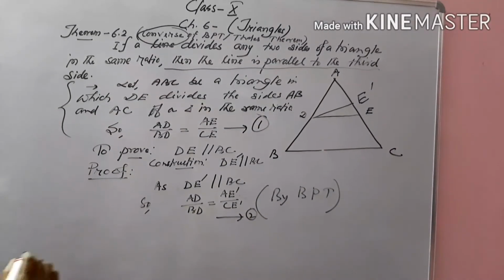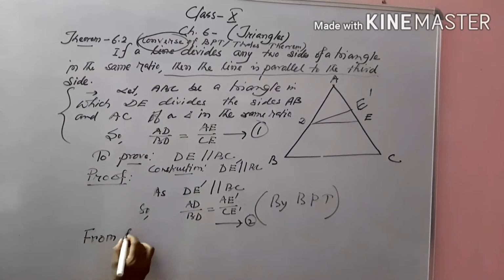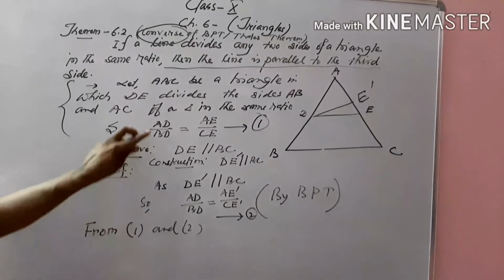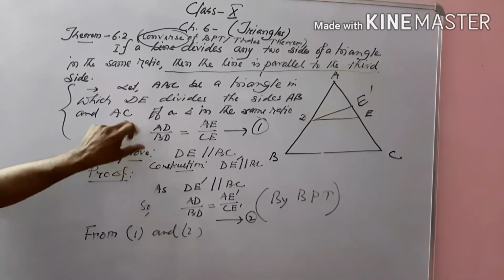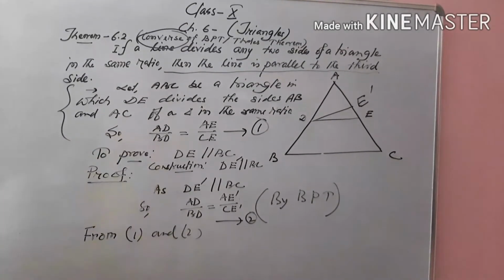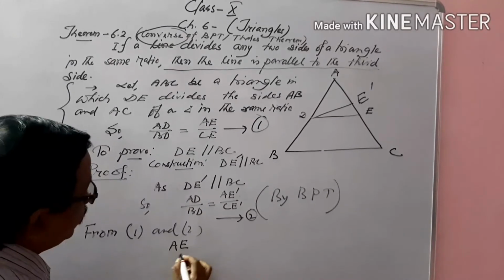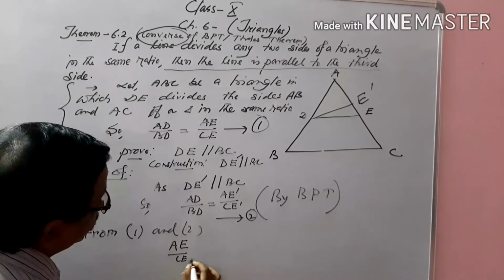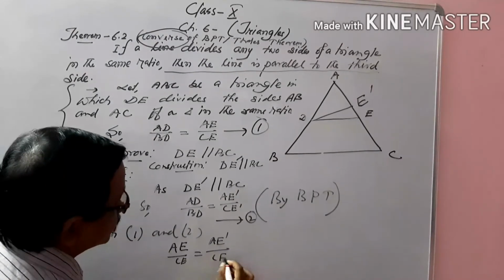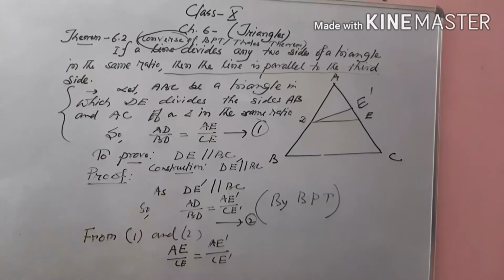Now what can you write? From 1 and 2, AD by BD and AD by BD, the left hand sides are the same, so the right hand sides must be equal: AE by EC equal to AE dash by E dash C, by comparison.